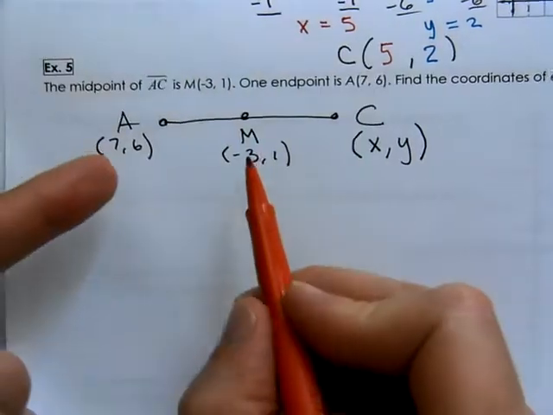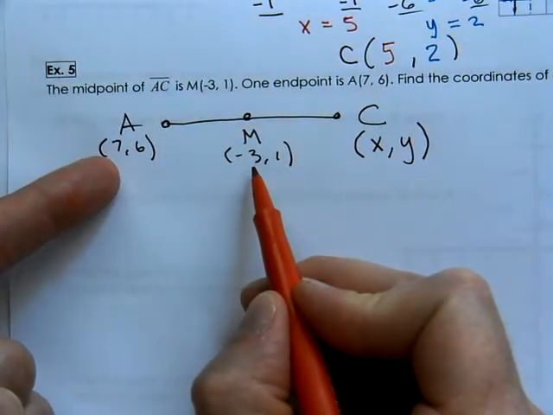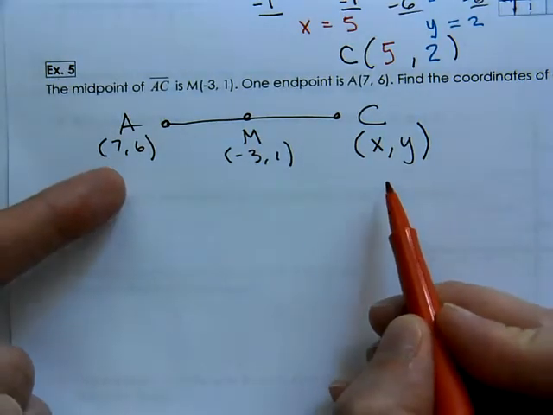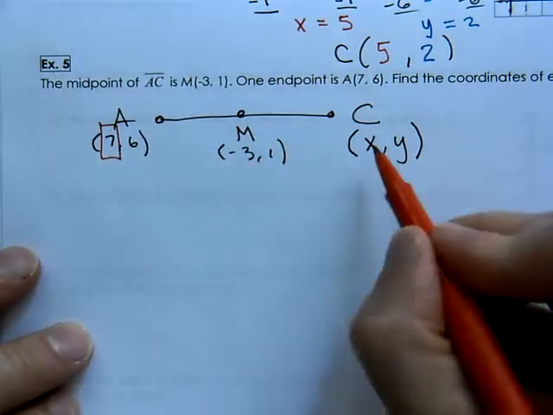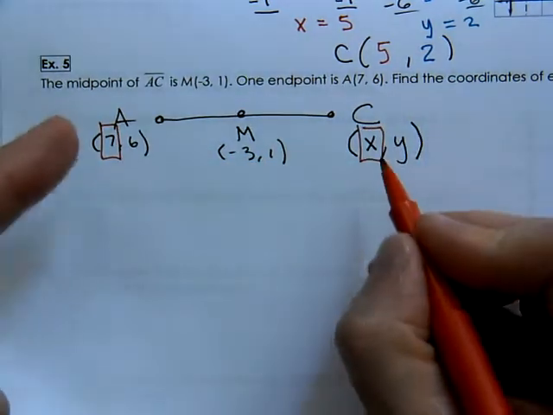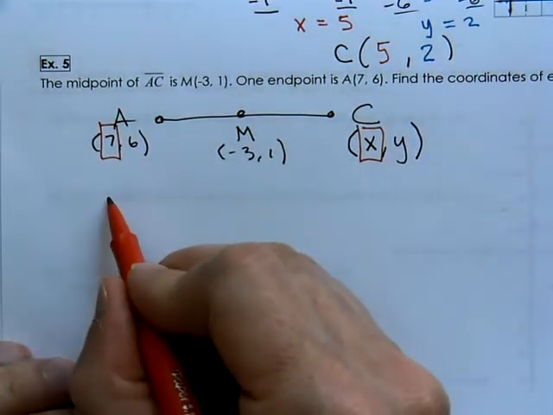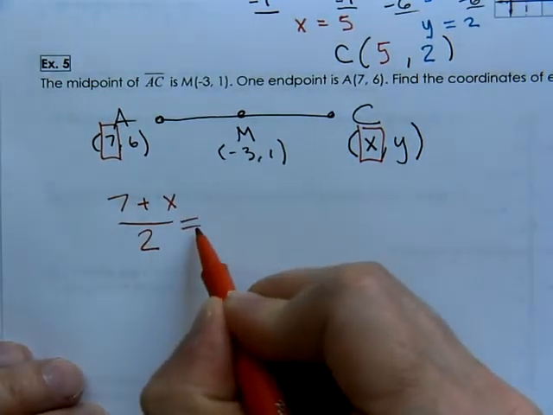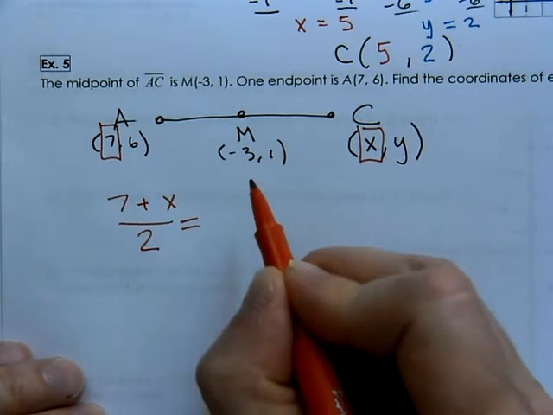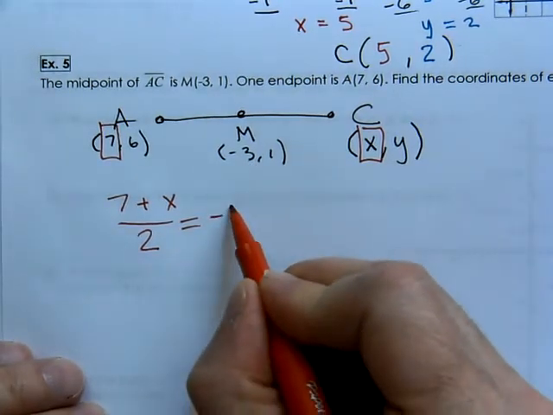Remember, don't accidentally try to use these two numbers. No, we have to use the values on the endpoints in setting this up. So box in the x-coordinates at the endpoints. That's what we have to add up and divide by 2. So 7 plus x divided by 2. And what does that equal? That equals the x-coordinate at the middle, which is the -3.